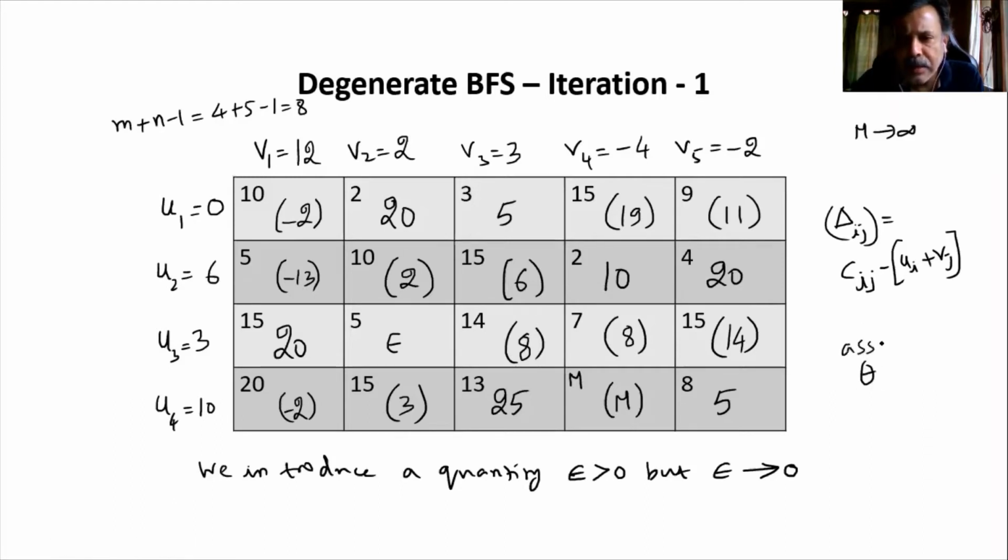Assign theta to the most negative delta Ij. So we will be assigning that theta to this negative 13, that particular cell. Means first row, second row, first column. So let us do that.